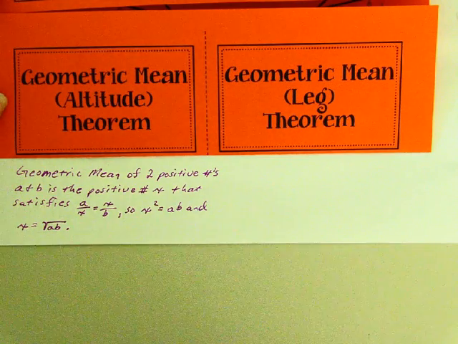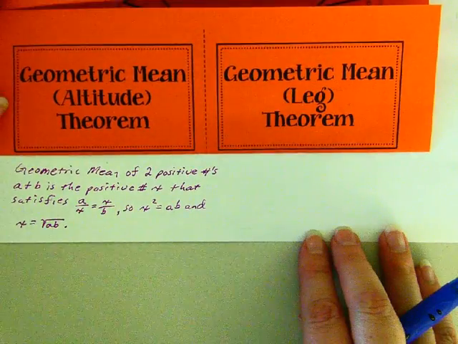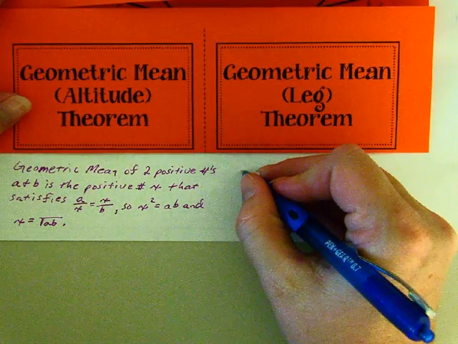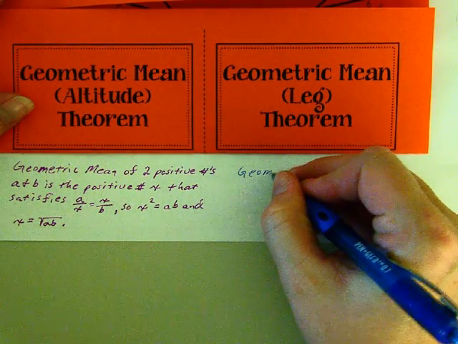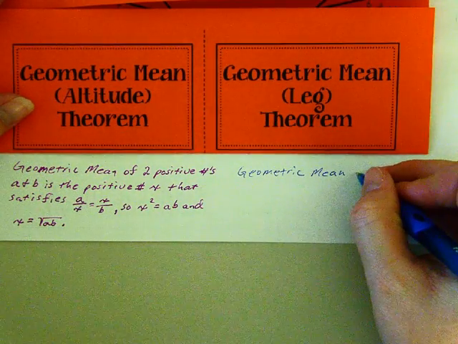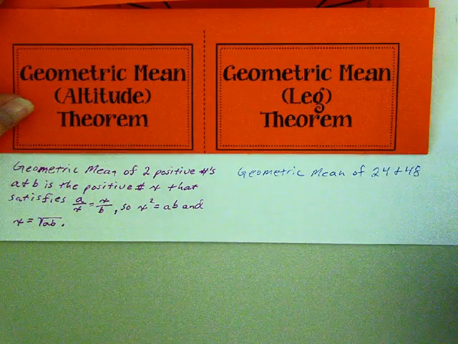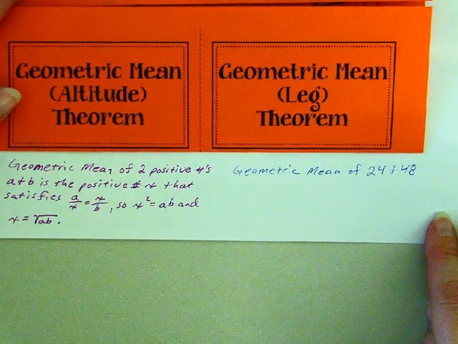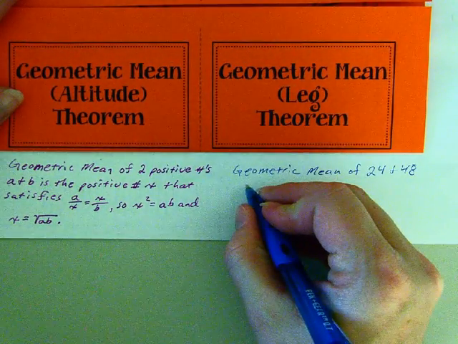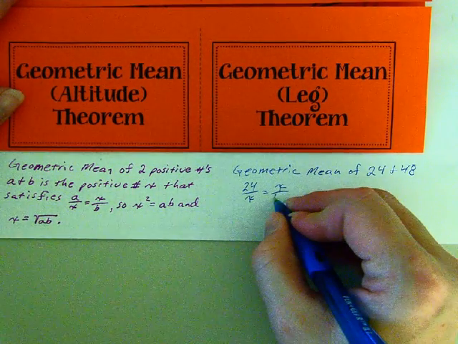So what this means, if I'm trying to find the geometric mean of two numbers, so I'm going to find the geometric mean of 24 and 48. So then when I set up my proportion, I'm going to have 24 over x equals x over 48.